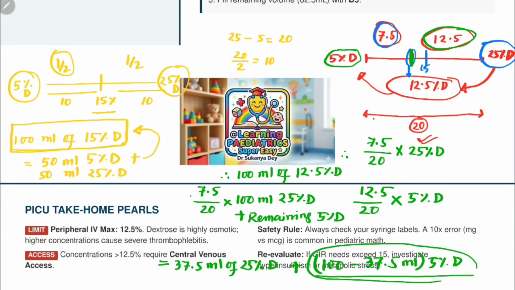It means 62.5 ml of 5% dextrose. So we mix a large amount of 5% dextrose, 62.5 ml, and a smaller amount of 25% dextrose, 37.5 ml, to prepare 100 ml of 12.5% dextrose.